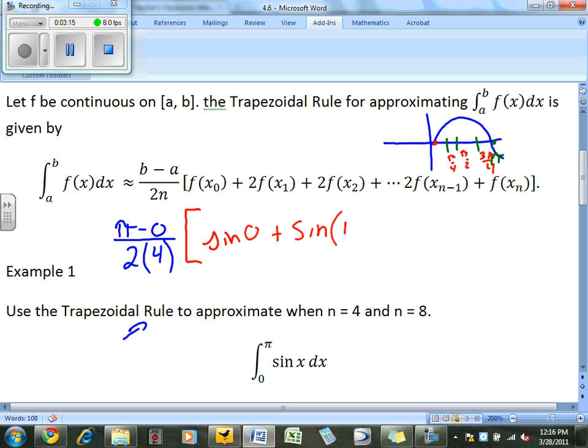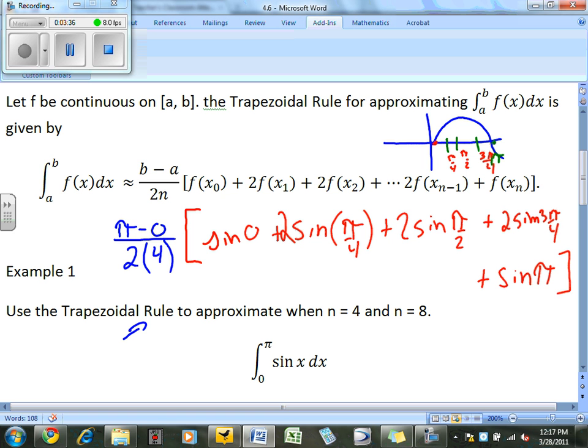So it'll be 2 times the sine of pi over 4, plus 2 times the sine of pi over 2, plus 2 times the sine of 3 pi over 4. And then plus, remember how the pattern goes, just the sine of pi. And over here to the left, this simplifies down. Instead of writing that, we can just write pi all over 8, right?